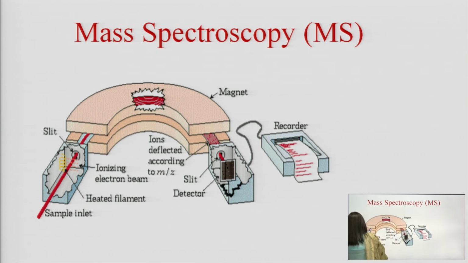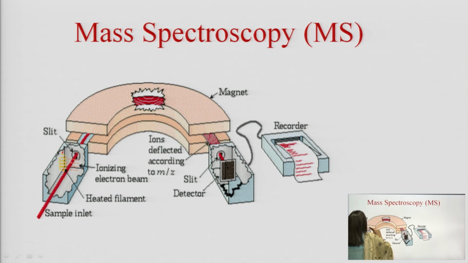You can see here the sample, there is a heating filament present, and ionizing electron beams are sent here. This causes the ionization of the molecule. The heating and bombardment, or any other technique, is used to produce these ions. Then in the presence of electron beams, they get charged and enter this circular path.